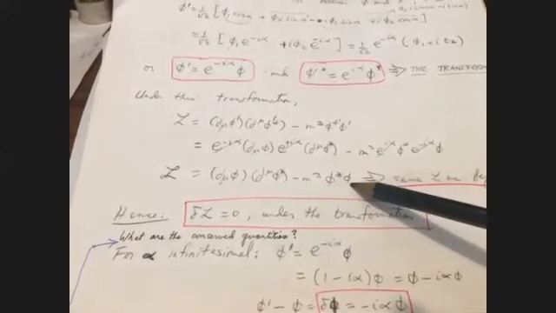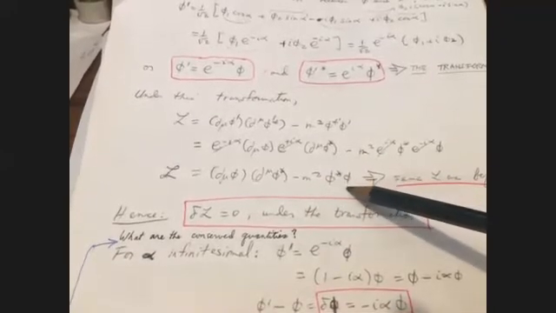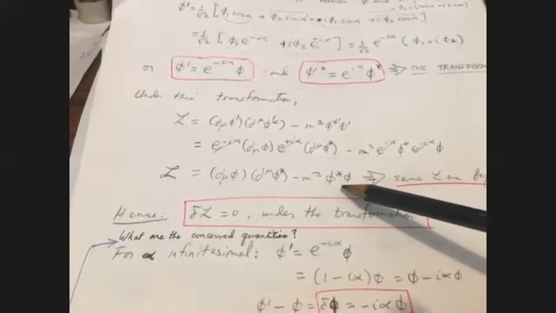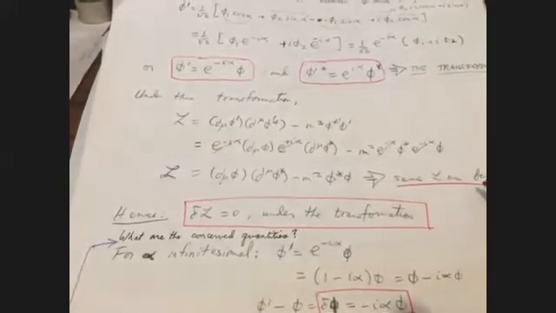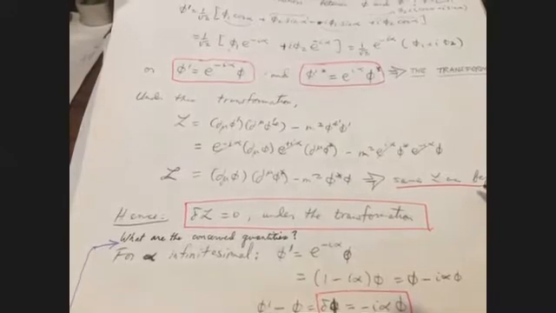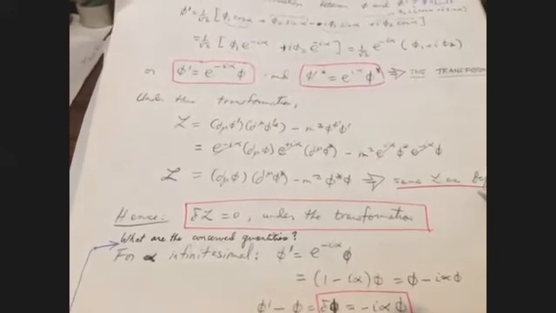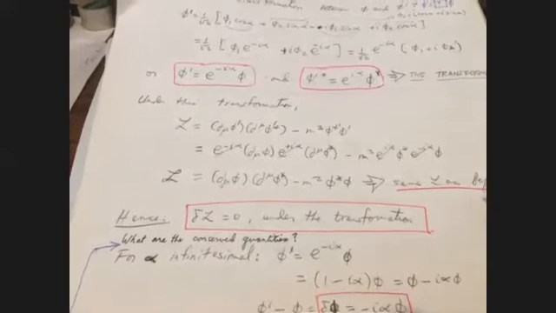Okay, so the Lagrangian, even if you transform it, you still obtain the old form as before, same L as before. So then we say that the Lagrangian density is invariant under the transformation.